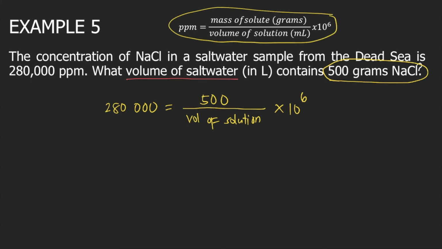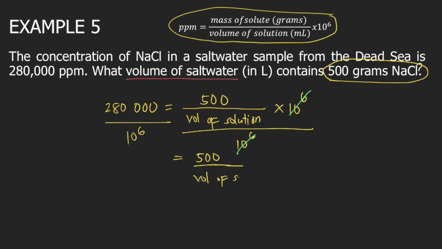So we will solve for the volume of solution. Divide both sides by 10 raised to 6. 10 raised to 6 will cancel on the right side, and what's left on the right side is 500 divided by volume of solution.